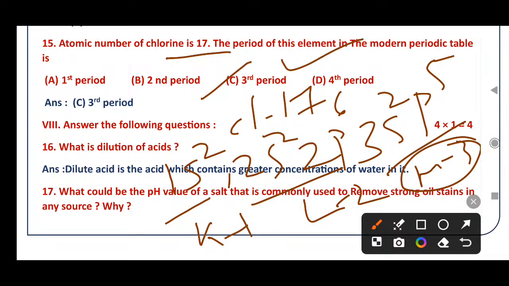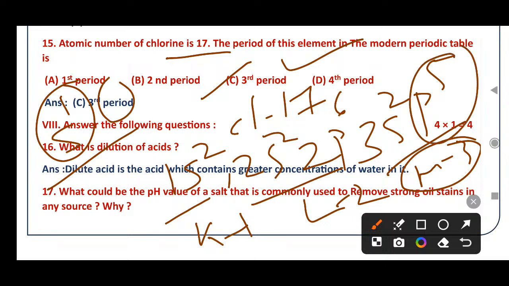Sometimes in the exam they ask for the group. How to find the group? If the element ends with s, it is always 1s1 or 1s2, so it is the first group or second group. But whenever it ends with p, we have to add 10. On the outermost orbit, how many electrons are there? 7 electrons. 7 plus 10 is 17.